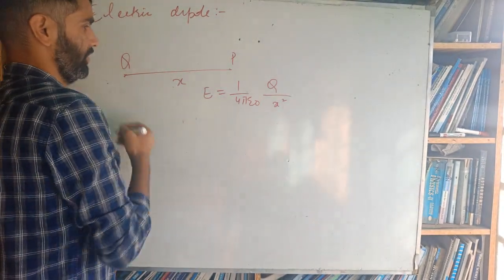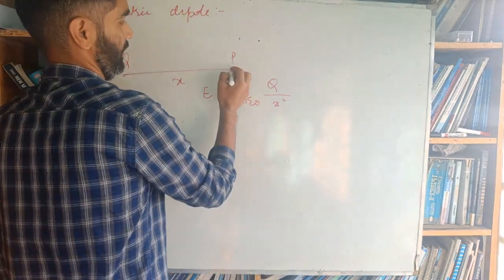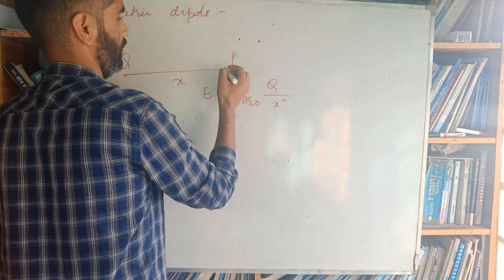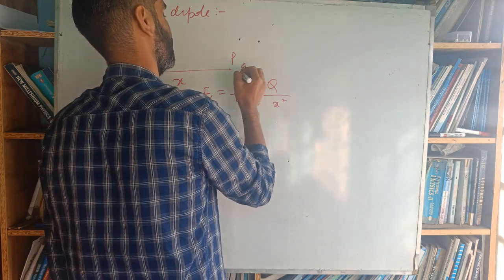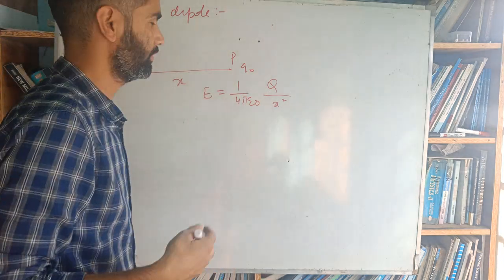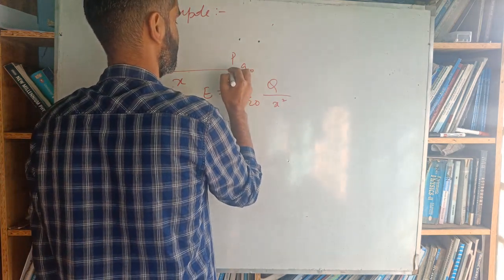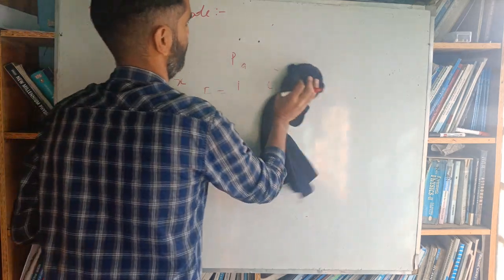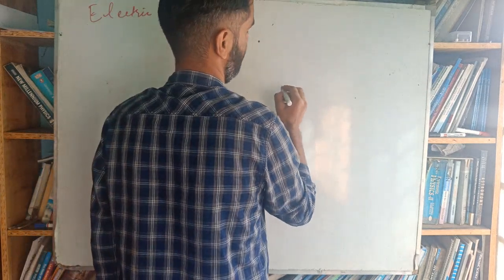This gives me the electric field intensity. To determine it, we place a unit positive test charge here. And the direction of the electric field intensity is away from this point charge. This is the basics we need to determine the electric field intensity due to an electric dipole.